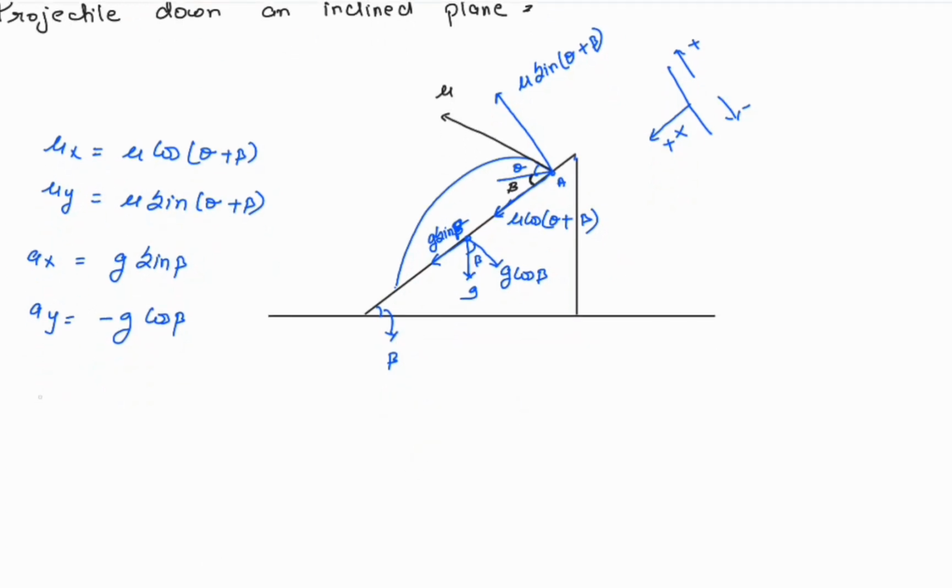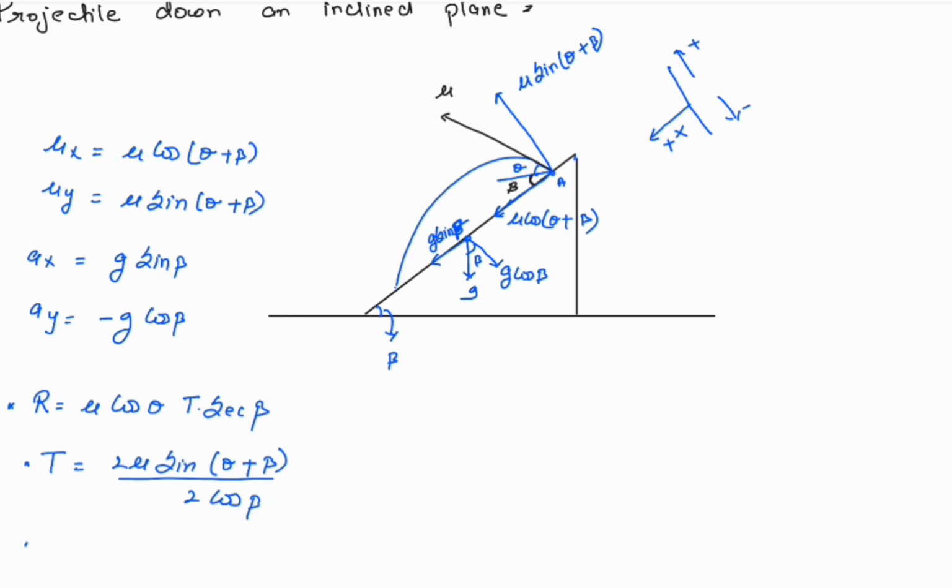You will get the range as, I'm directly writing the formula, u cos theta capital T sec beta. For the time you will get a formula like 2u sin of theta plus beta divided by 2 cos of beta.